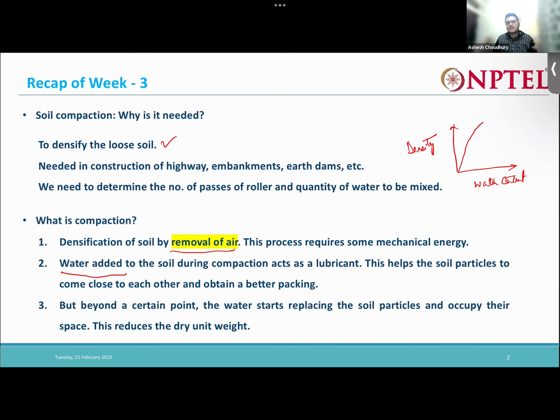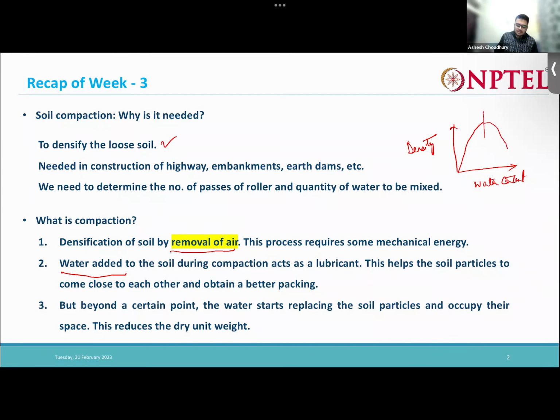The soil keeps on attaining a denser state. But after a certain maximum point, the density keeps on reducing.